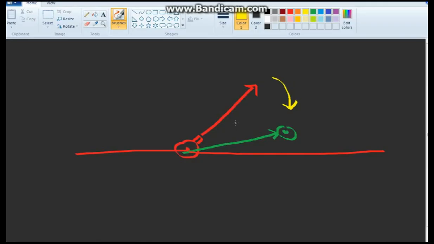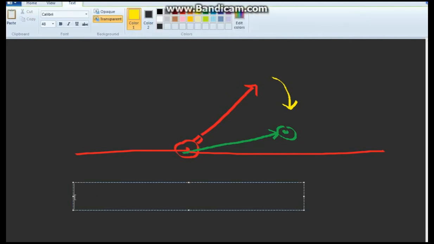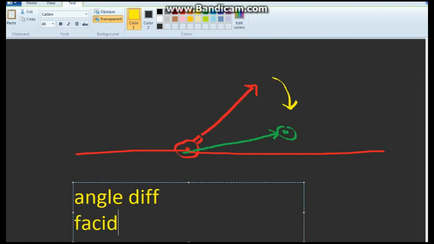And remember we said angle diff equals our facing direction minus target direction.